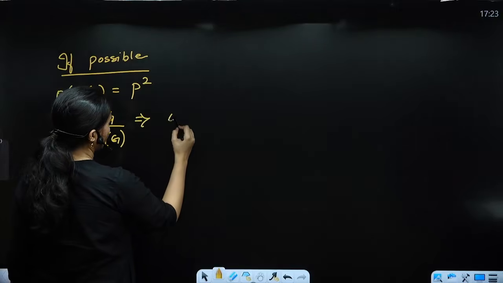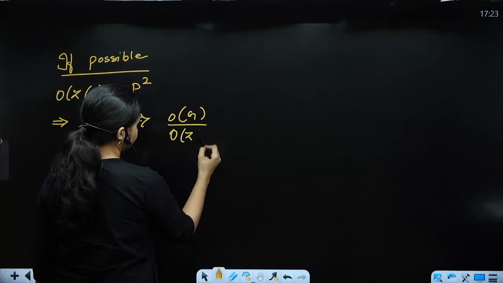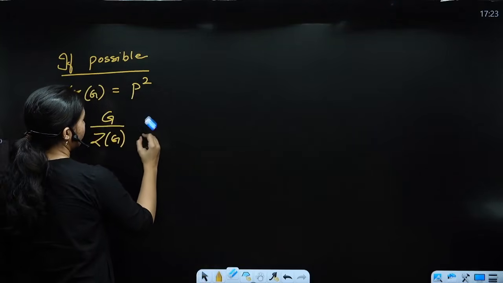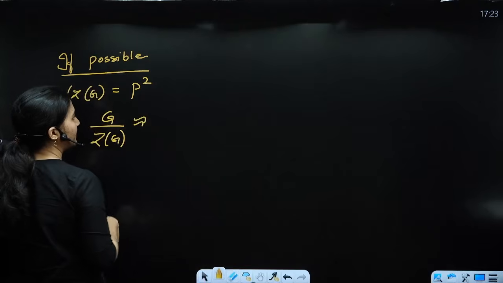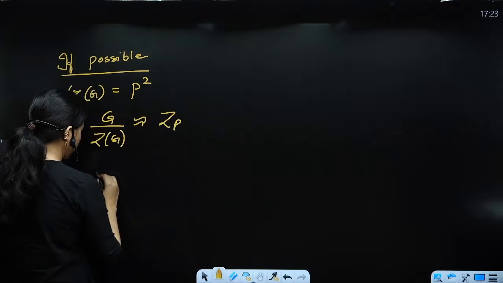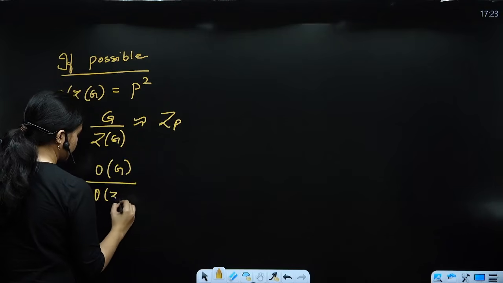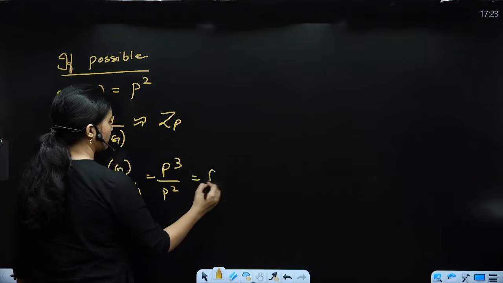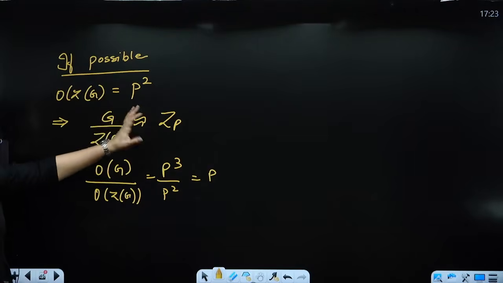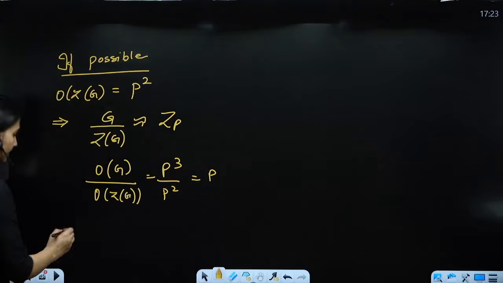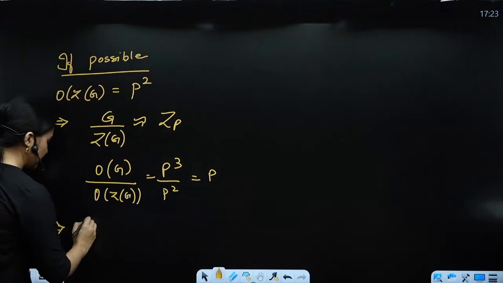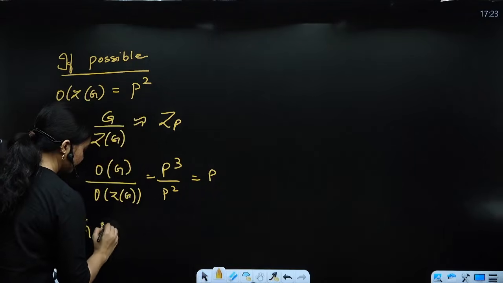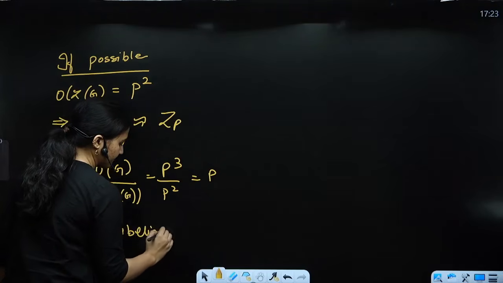So order of G upon order of ZG is going to be isomorphic to Zp. Why? Because order of G upon order of ZG equals P cube upon P square, right? So the order of this factor group is p, so G is cyclic, or at least it implies that G is abelian, which is a contradiction, right?